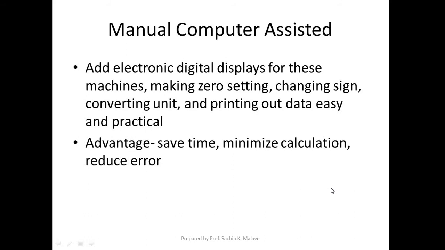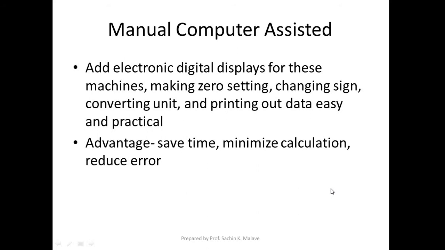Then manual computer assisted control. In this case the computer is used only for the data processing, whereas the rest of the work, the movement of the probe along the workpiece to perform the measurement, is done by the operator.